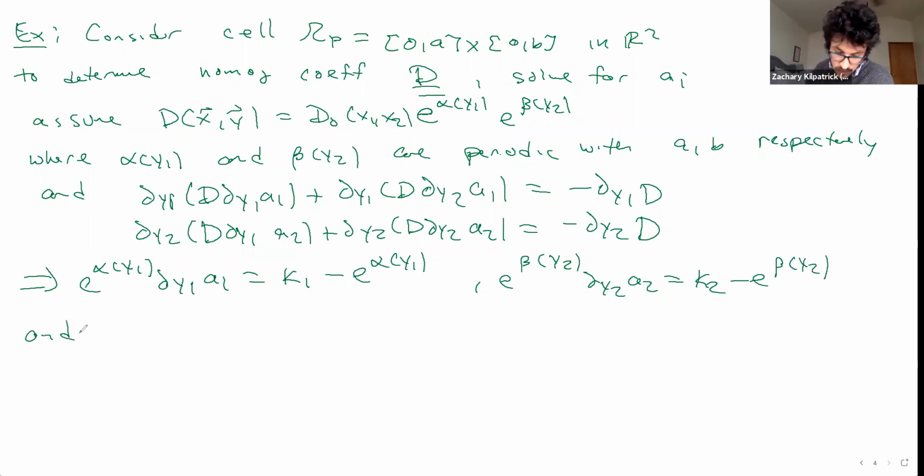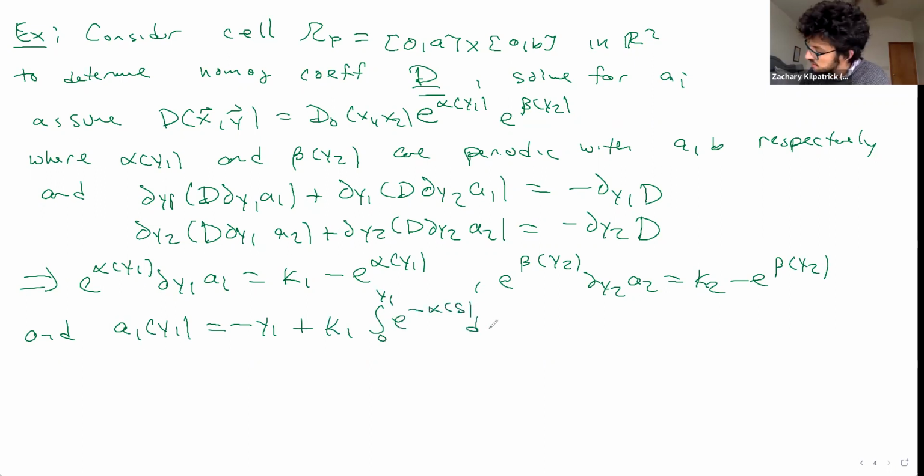And then we can solve for these a's. So we get a1 of y1 is equal to minus y1 plus kappa 1 integral from 0 to y1 e to the minus alpha of s ds. And then a2 of y2 is equal to minus y2 plus kappa 2 integral from 0 to y2 e to the minus beta of s ds.